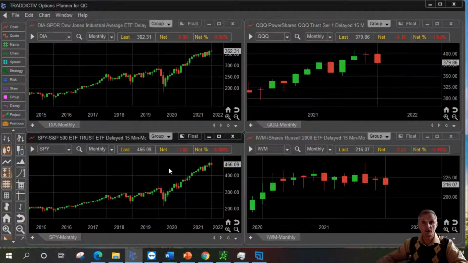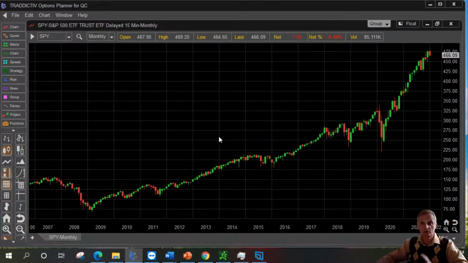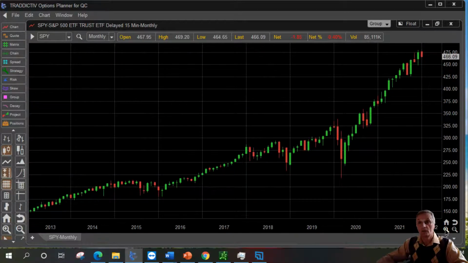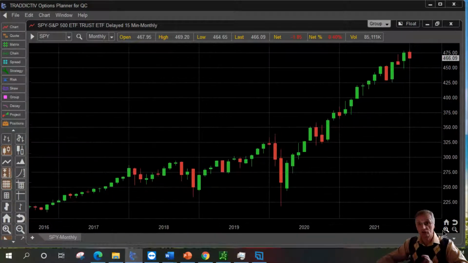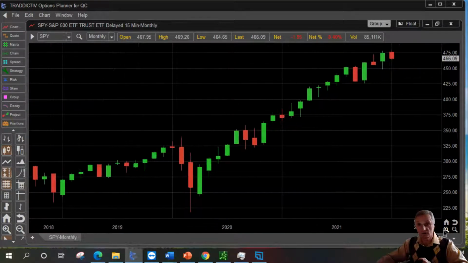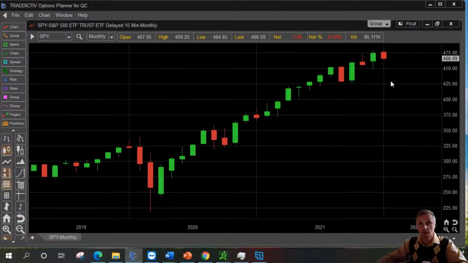So I'm bringing up the S&P 500 and following very much the same logic. I'm suggesting please ignore the last bar, because once again, this last bar that we're looking at right here represents only the last week. That is what I want you to ignore, because that's not what you need to do right now.